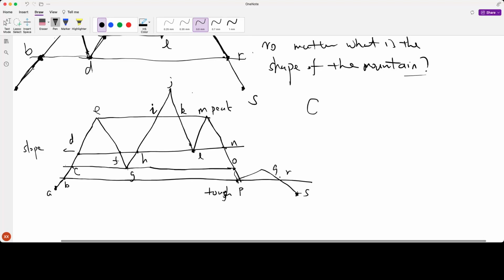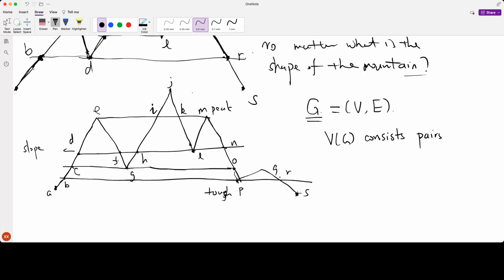So I define this graph G. It has a vertex set and an edge set. The vertex set V of G consists of pairs of these special points.